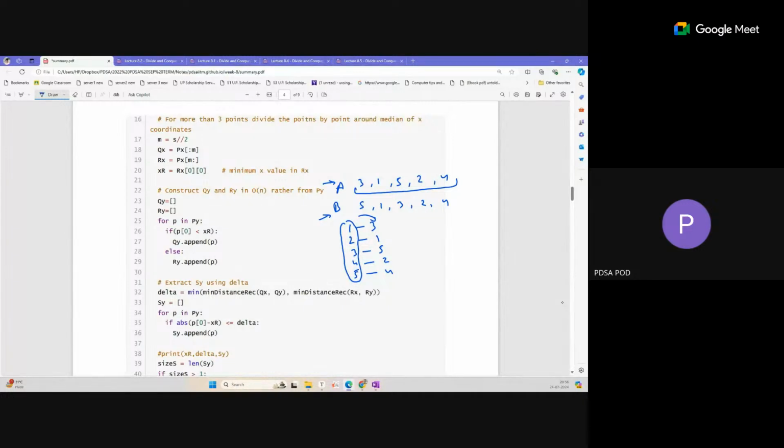Now we will also figure out the sequence for B based on this mapping. When we write this 5, what is the corresponding value we have?